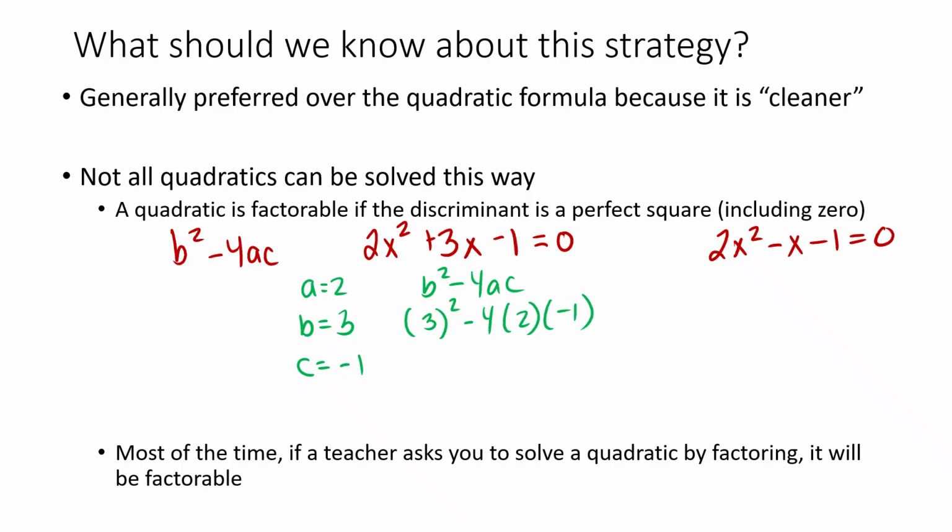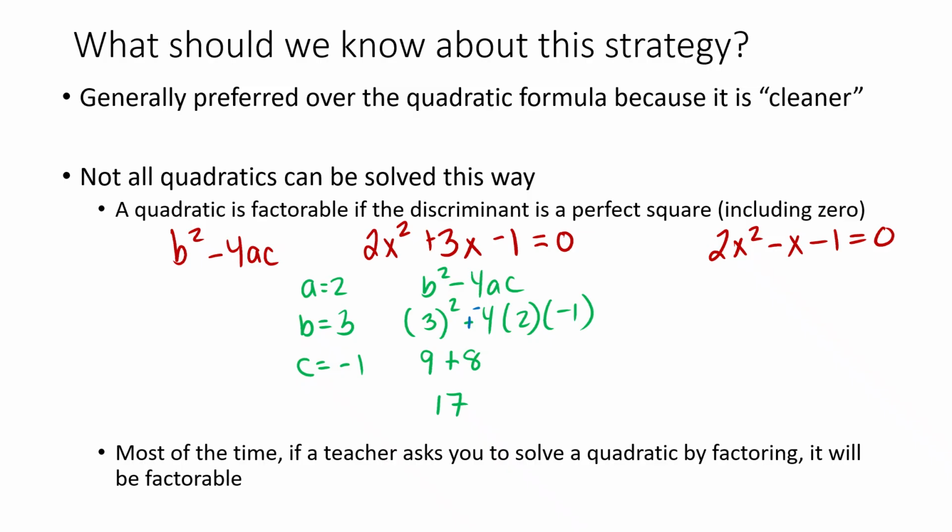It might be helpful here, instead of a minus, to do plus a negative. 3 squared is 9, and then -4 times 2 is -8. And -8 times -1 is +8. And I get 9 plus 8, and I get 17.